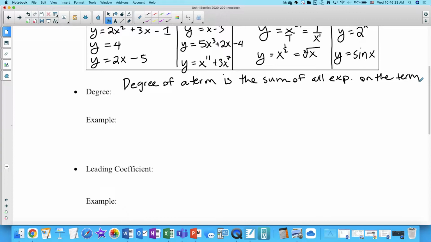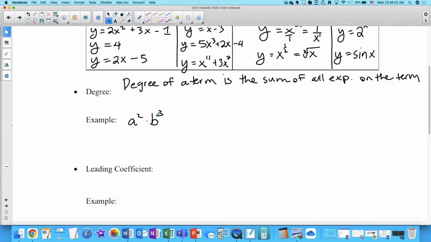If there's only one variable, then the degree is whatever the exponent is on that variable. And that's what we saw so far. If you have something like a squared b cubed, then you would add the 2 and the 3 together to get 5. Okay? And actually, let's look at that. So for example, okay, the degree here is 5.